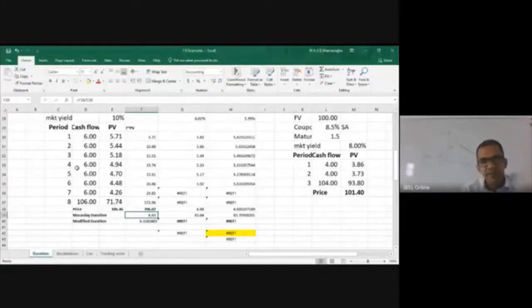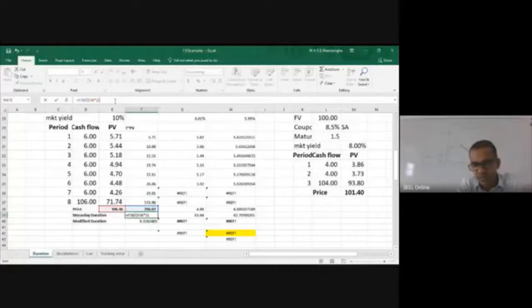Here, the number of periods are semi-annual periods. So the Macaulay duration comes as 6.63 semi-annual periods. It's not in years. If you want to make it in years, we have to divide this by 2 because this is semi-annual. If it is monthly, we have to divide it by 12.